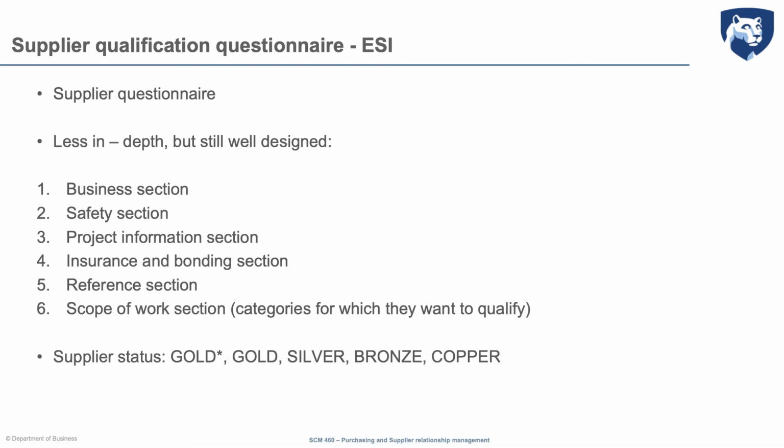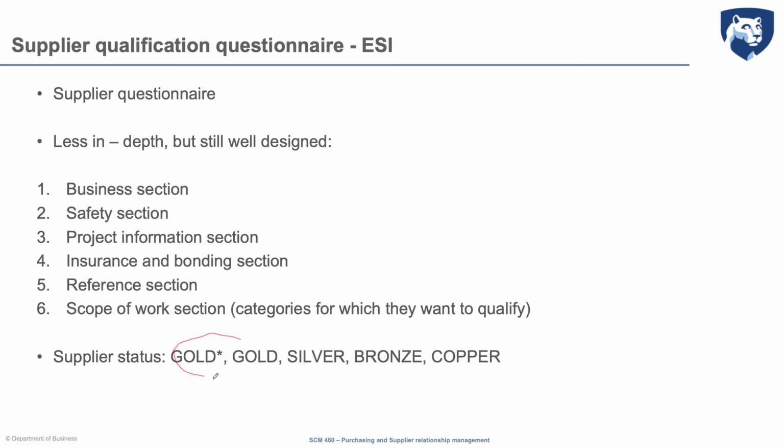EasyEye, instead, has a supplier questionnaire which is less in-depth, but is still well designed. So they have a business section, a safety section, a project information section, and a scope of work section. And in particular, after this, the supplier status assigned can be gold star, so the best in class, gold, silver, bronze, and copper. And after copper, it means that you are not qualified.